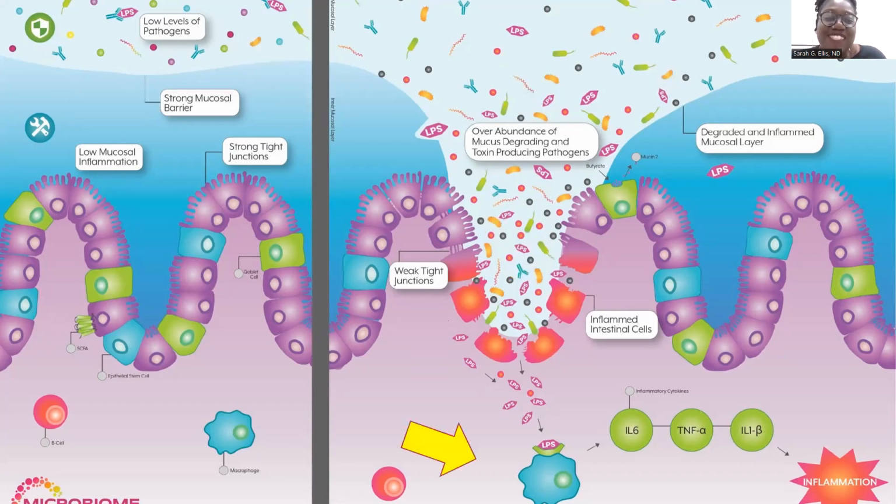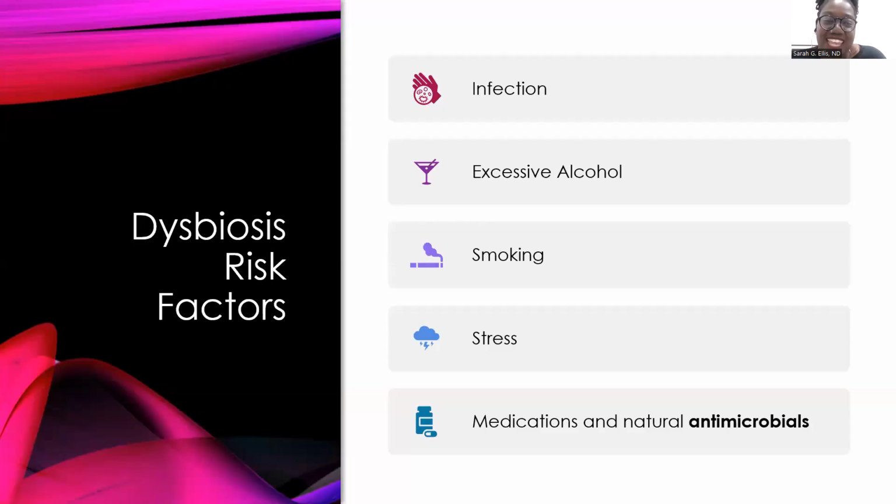And we also have dysbiosis risk factors. So we know that there are so many pieces to the puzzle that causes dysbiosis in our gut microbiome. That includes infection, excessive alcohol use, smoking, stress, medications, and even natural antimicrobials.